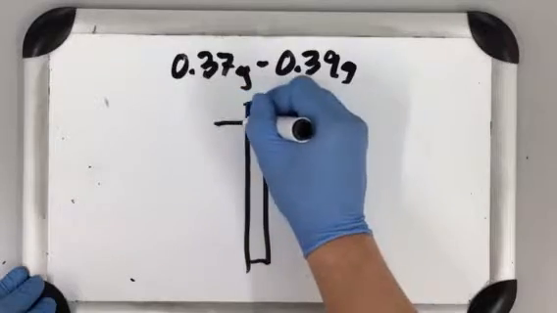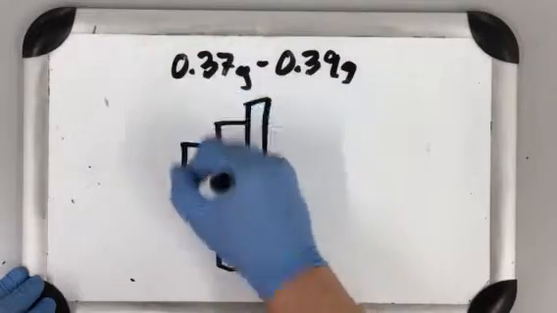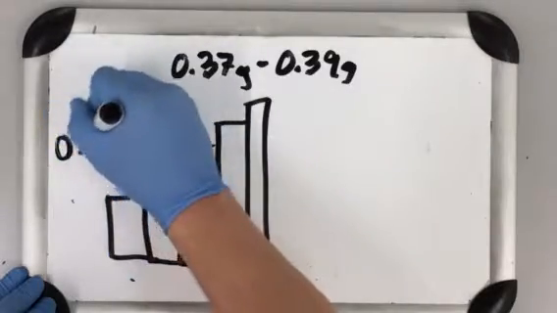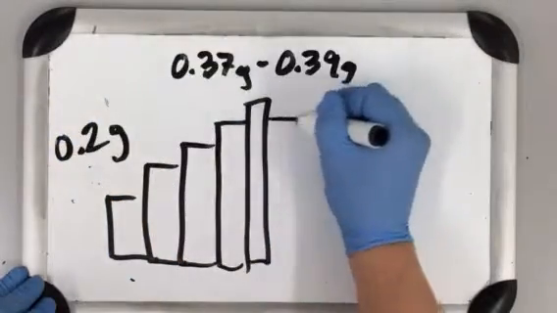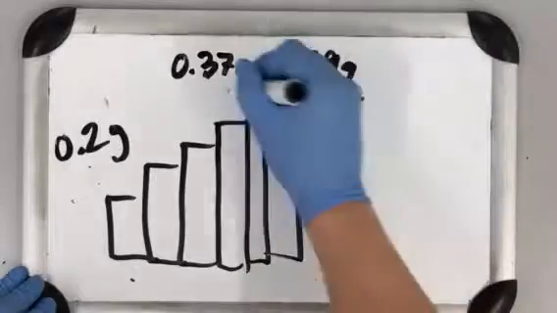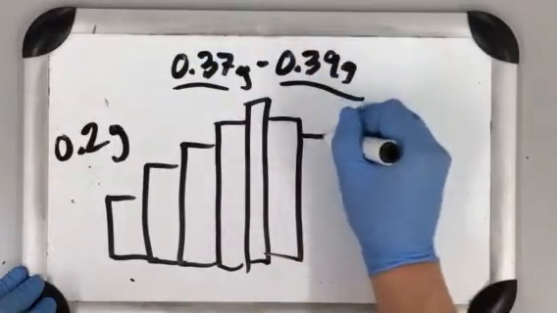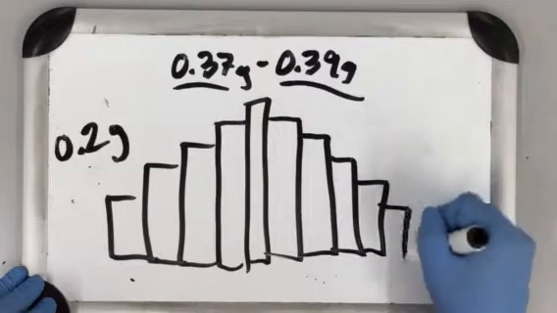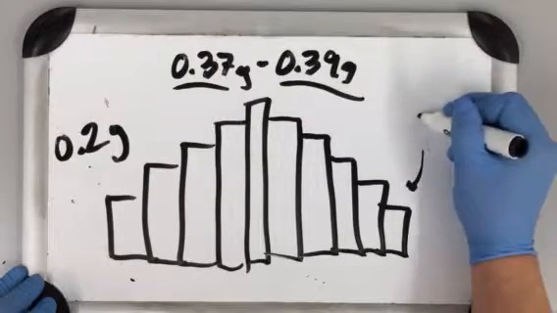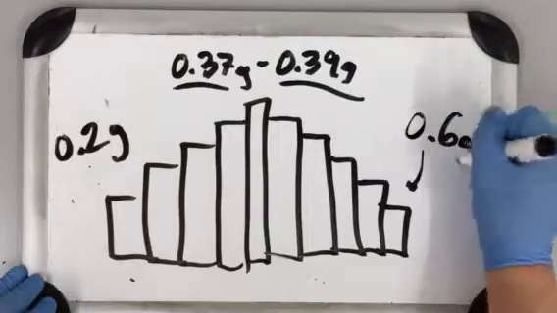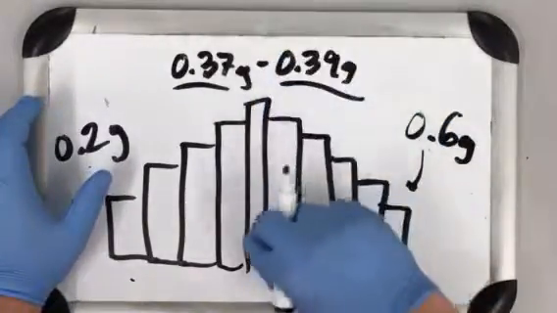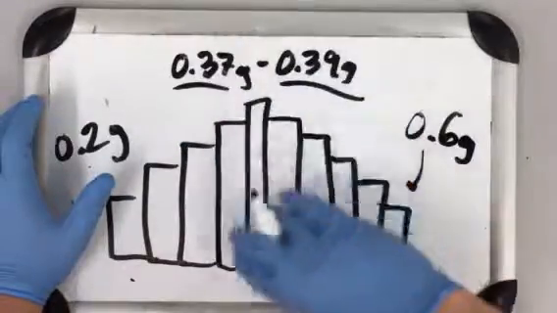Sometimes the beans were smaller than 0.37, but those beans got less and less common, all the way to the smallest beans that were maybe 0.2 grams. Same could be said for beans that were over 0.39 grams. There were a lot, but not a ton, and they got more rare the bigger they were. So right here, you'd have beans that were like 0.6 grams or something. So these are the extremes. This is the middle, because most beans lie within this range or near it.